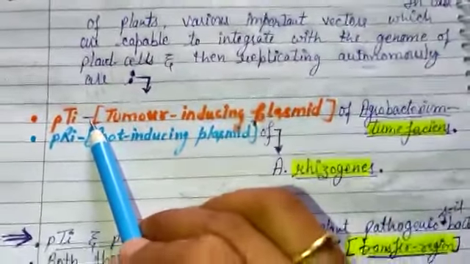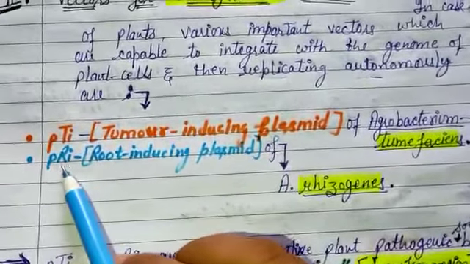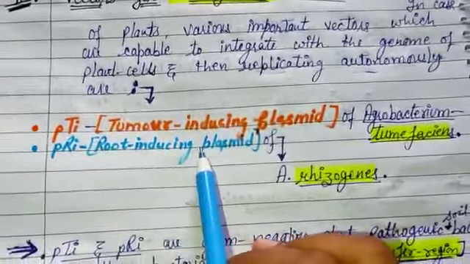Two important vectors. First is the Ti plasmid, that is the tumor inducing plasmid, and second is the Ri plasmid, that is the root inducing plasmid.